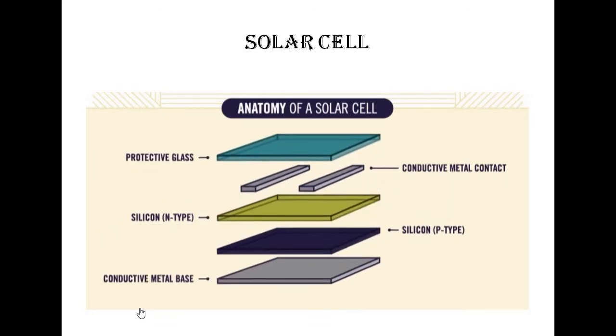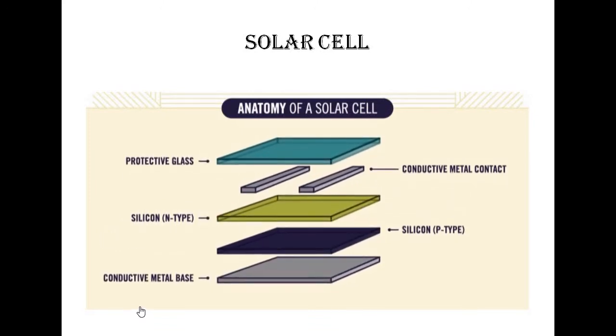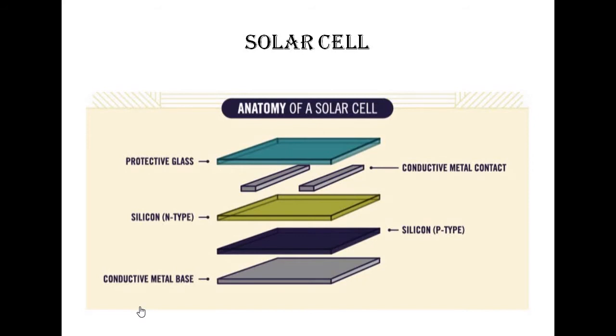The materials used in solar cells are gallium arsenide, indium arsenide and cadmium arsenide.